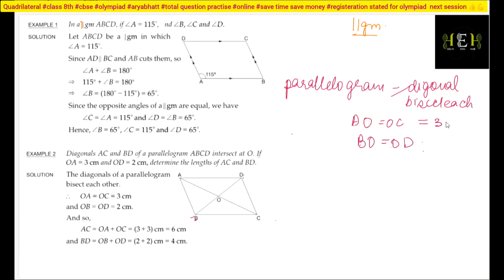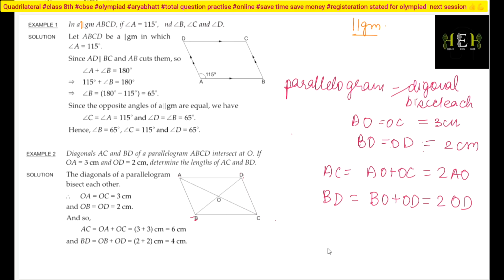OA is equal to 3 centimeter and OD is equal to 2 centimeter, right? Now I can say AC is AO plus OC, or twice of AO. And BD is BO plus OD, or twice of OD, right? So this length becomes 2 into 3, and this length becomes 2 into 2. So this becomes 6 centimeter and this becomes 4 centimeter.